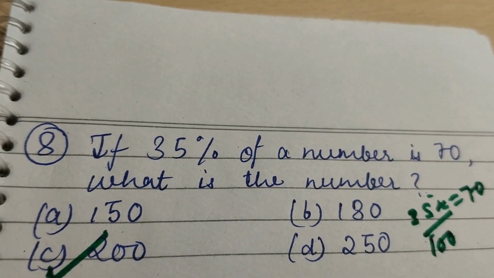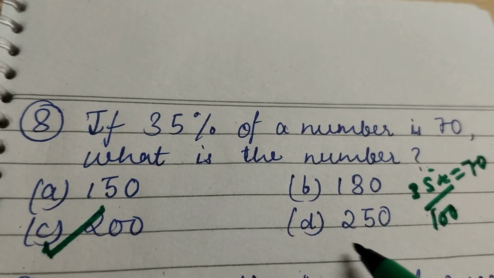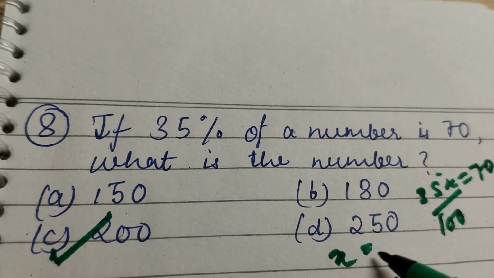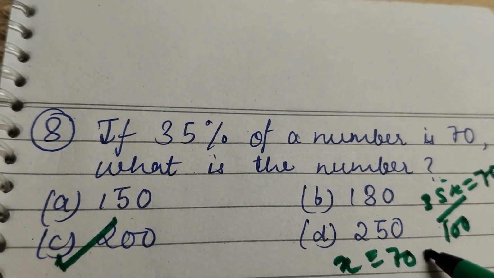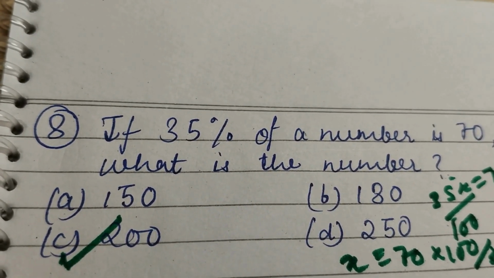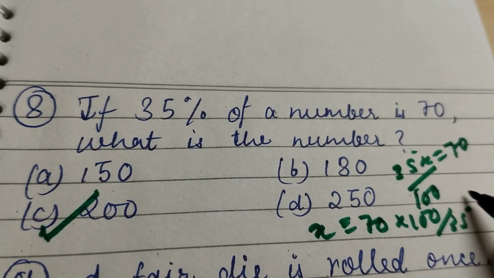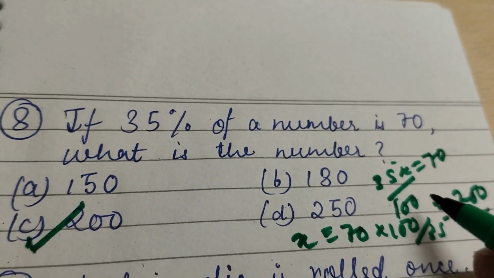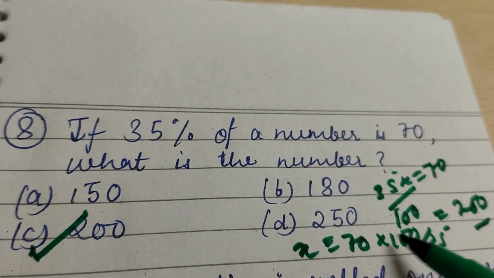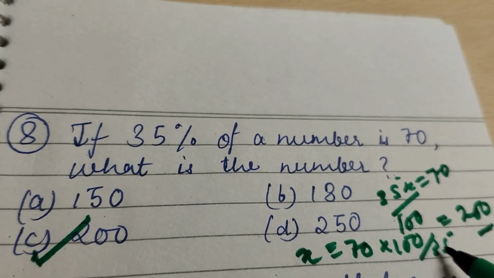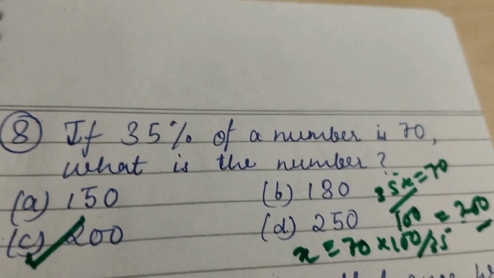So from this equation, we get x equals 70 into 100 by 35. So it's going to come to 200, because it is cut by 2 and then it's going to come to 200.